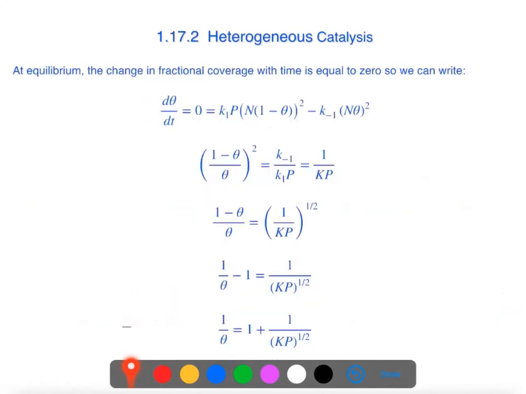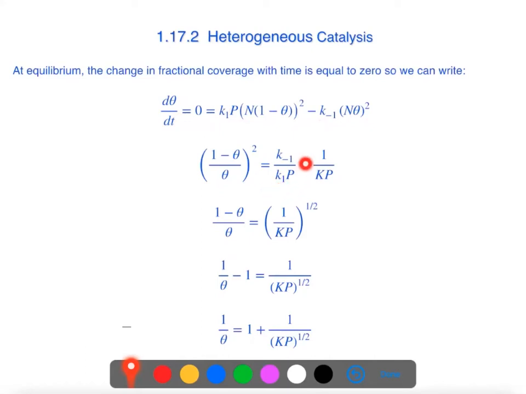So at equilibrium, the change in fractional coverage with time is equal to 0. So again, we can write the sum of those 2 terms equating that to 0. And now we will rearrange this expression for theta. And so again, we'll take like terms over to one side, all the terms containing theta.